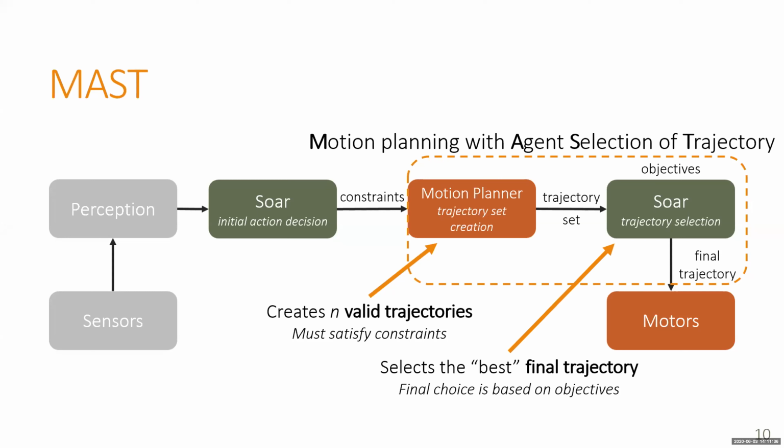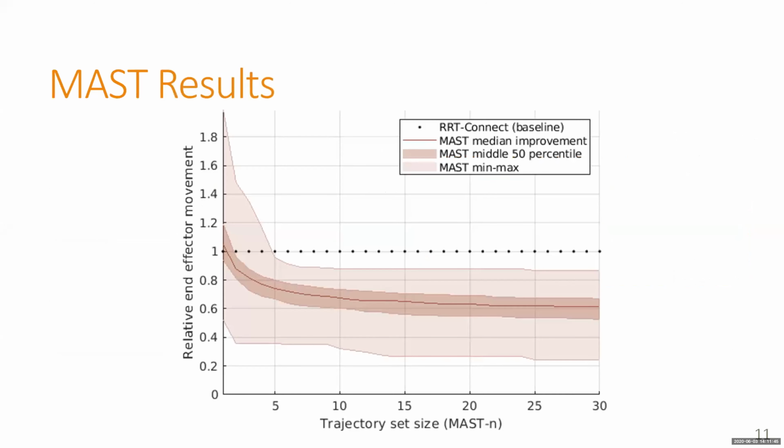So MAST at this point has been implemented outside of SOAR and tested fairly extensively. And so I'm just going to give you the briefest highlight of some of the results from that. Here, what you're seeing is the effect of increasing n, the parameter of trajectory set size, on the quality of the trajectory that is ultimately chosen.